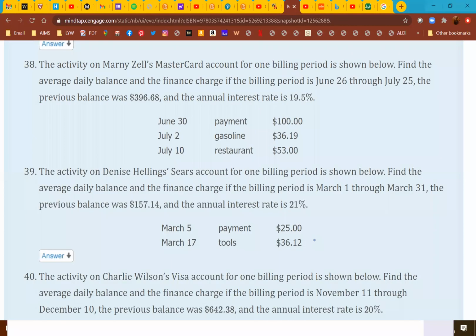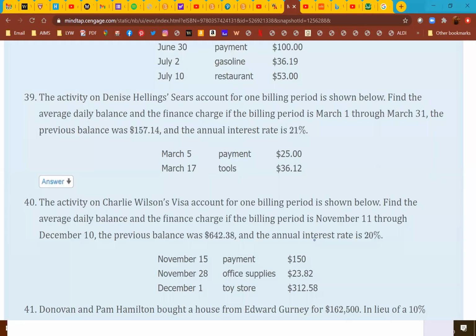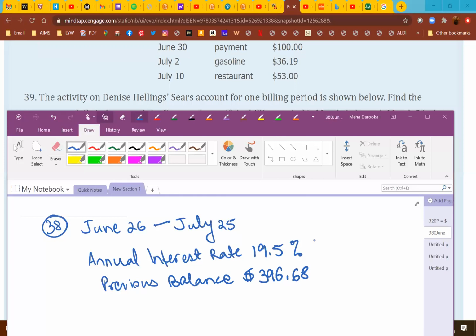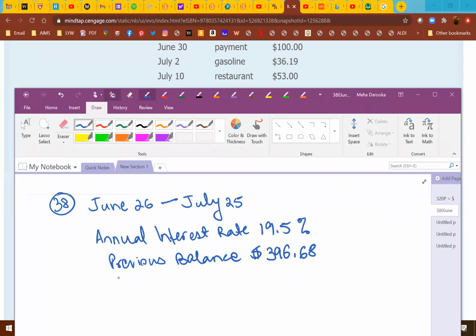Now let's look at the other charges that we have. June 30th is a payment of $100.